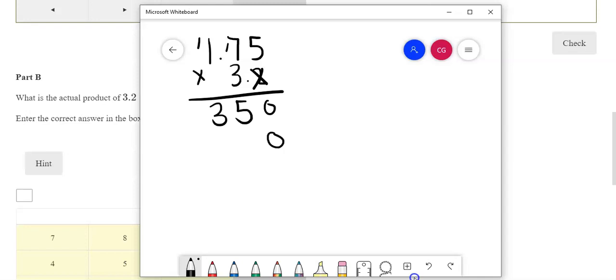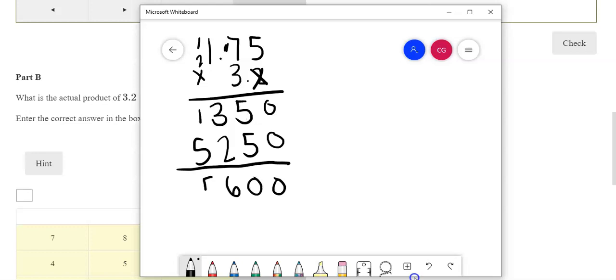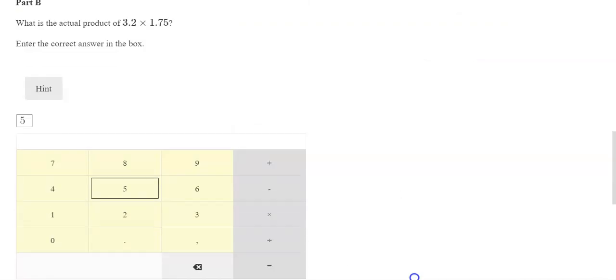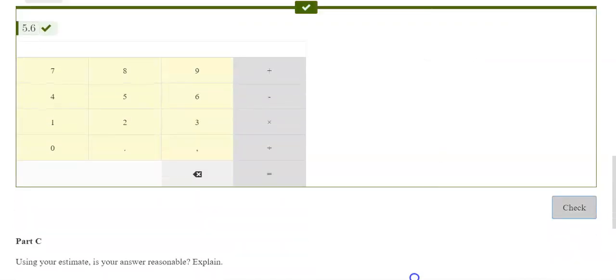Okay, going down, so we're going to put a 0. 3 times 5 is 15. 7 times 3 is 21, plus 1 is 22. 3, 4, 5. It's 0, 10, 6, 5. 1, 2, 3, 1, 2, 3. So I get 5.600, but I'm going to drop those zeros because they don't matter there. So 5.6 is my answer.